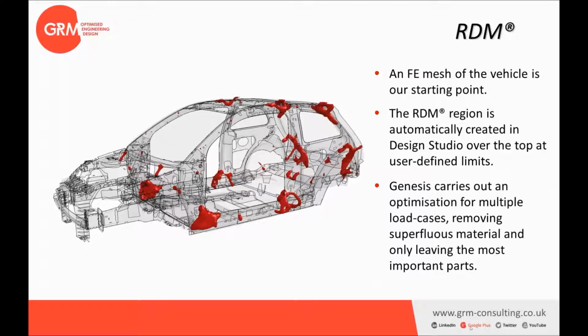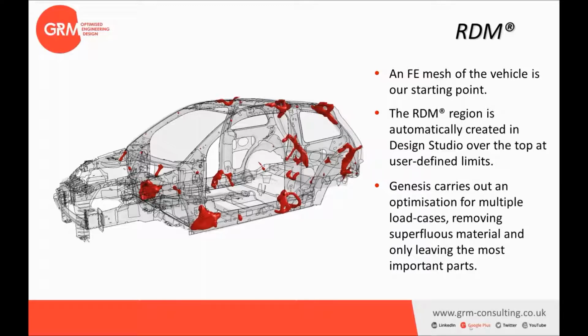So all the red parts that you see is the material that Genesis wants to keep. And this clearly identifies the weakness of the body in white.